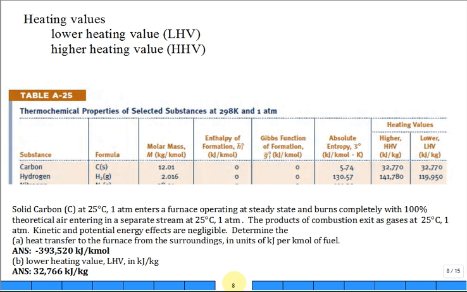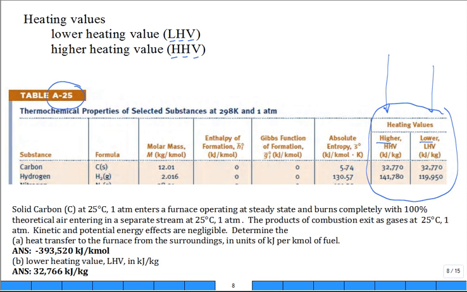This brings up then the next important topic, heating values. This was the last two columns in that table A25. Notice that the heating values, they have two sides. They have a higher and a lower heating value, and they use the HHV for higher heating value and LHV for lower heating value.